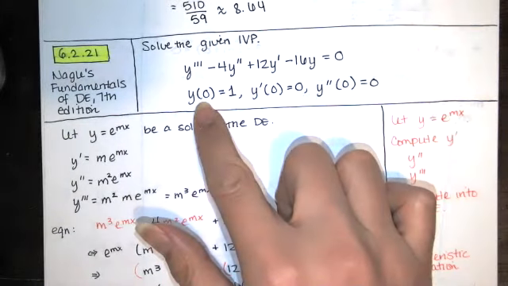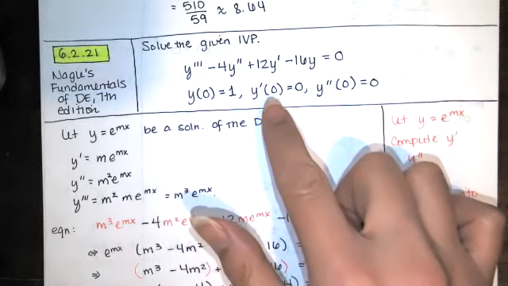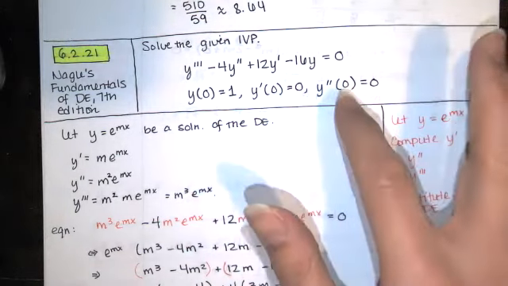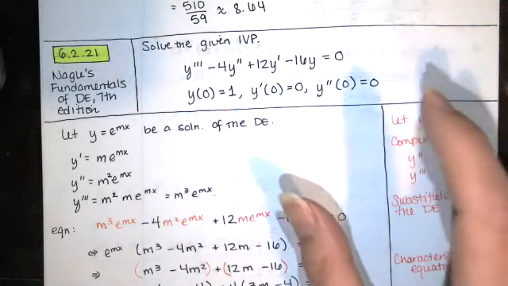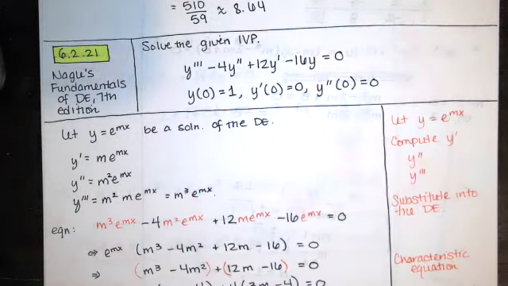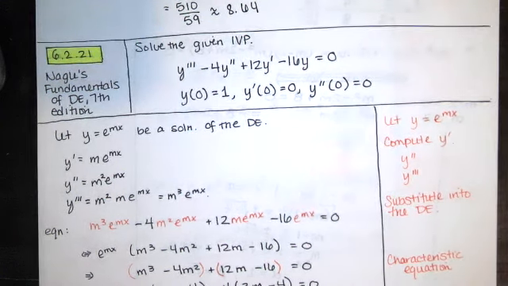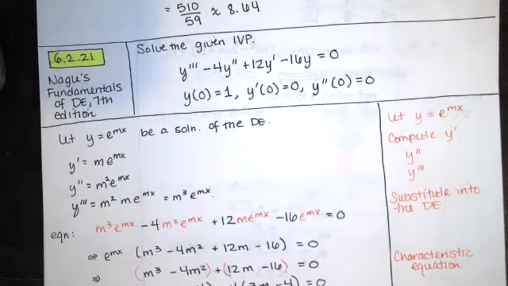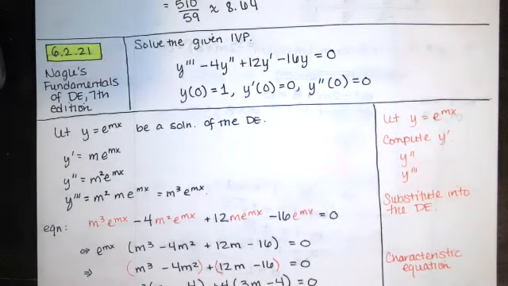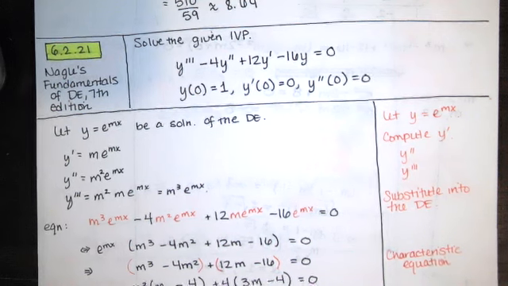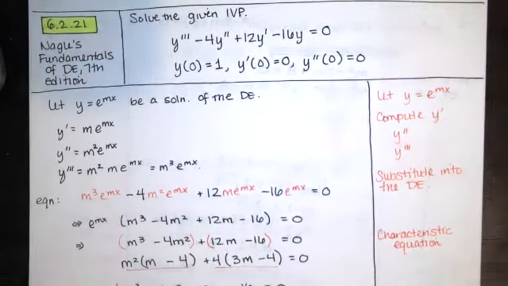Then we replace x with 0 and y with 1. Then we replace x with 0 and y prime with 0. And we replace x with 0 and y double prime with 0. And that's going to give you 3 equations and 3 unknowns. You solve that system using whatever methods you want from pre-calculus. A little bit of a process, but it's not too bad. It's based on all the skills that you already have from your prerequisite classes. So let me know if you guys have any questions about that.